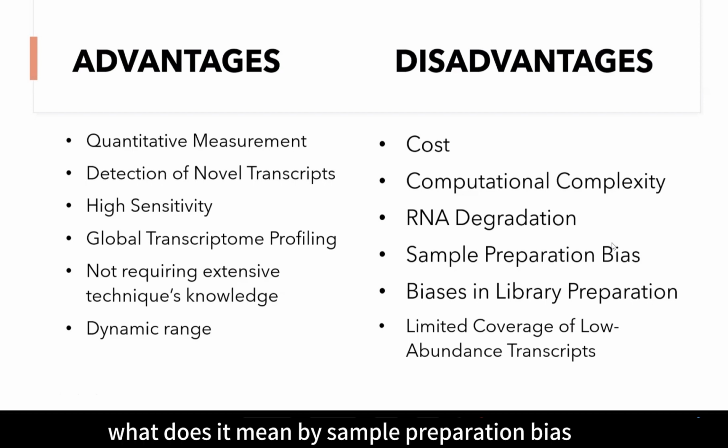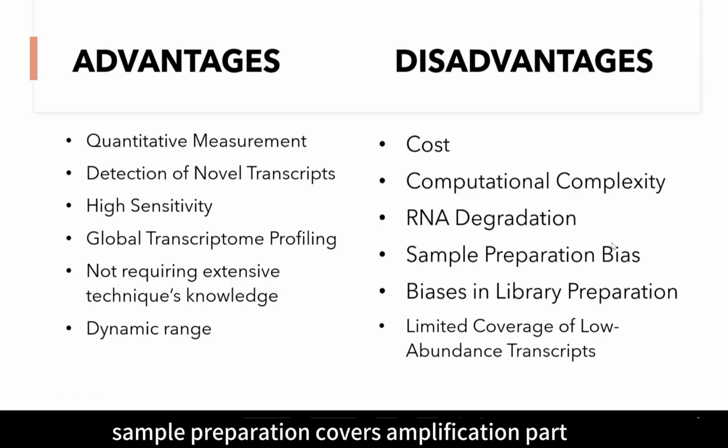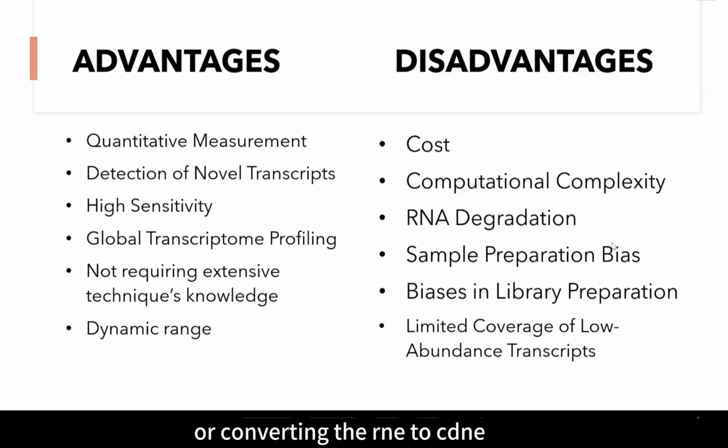Anyone wants to add? What does it mean by sample preparation bias? The sample preparation covers the amplification part or converting the RNA to cDNA. Sorry, I cannot hear you. Come again? Does the sample preparation involve the conversion of RNA to cDNA?